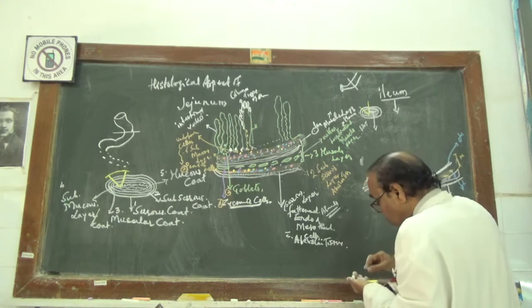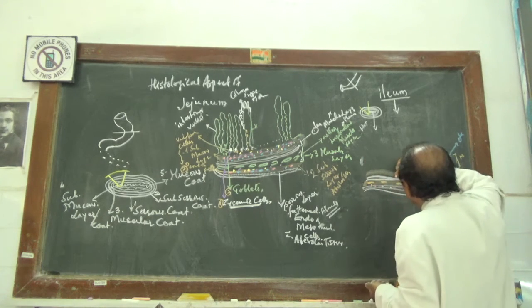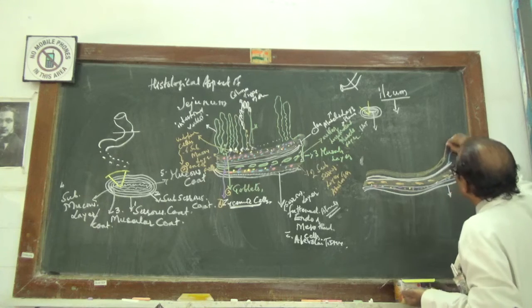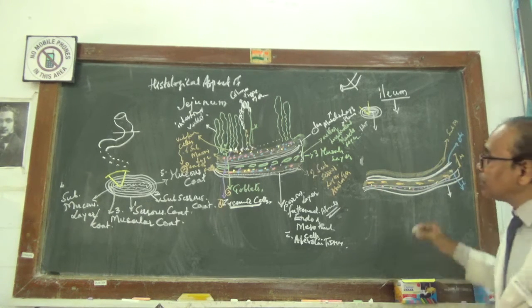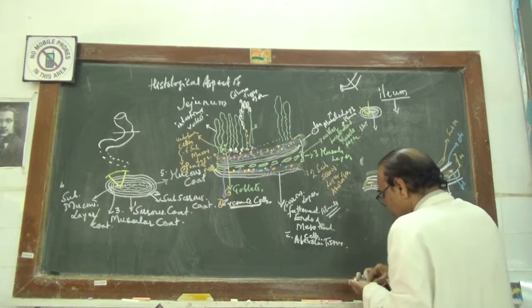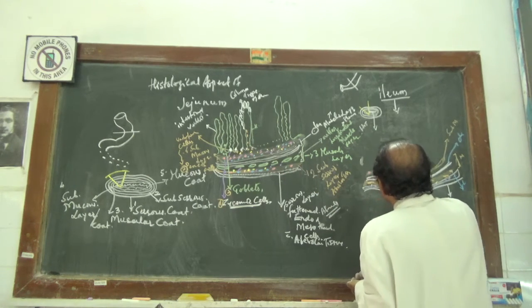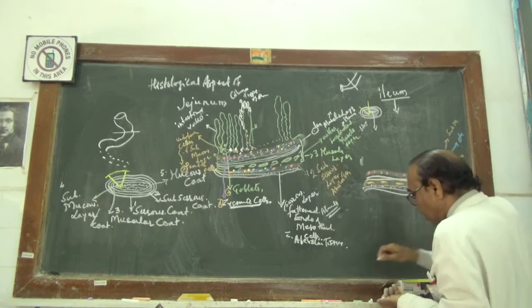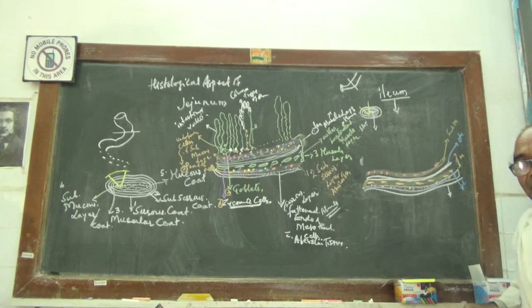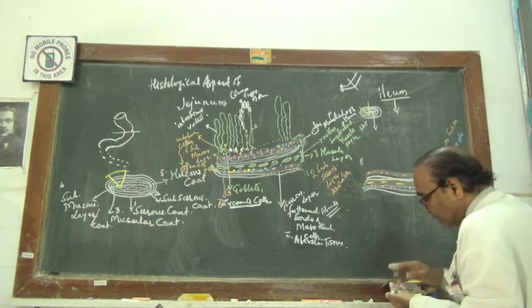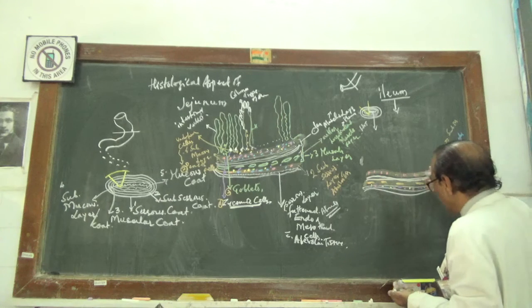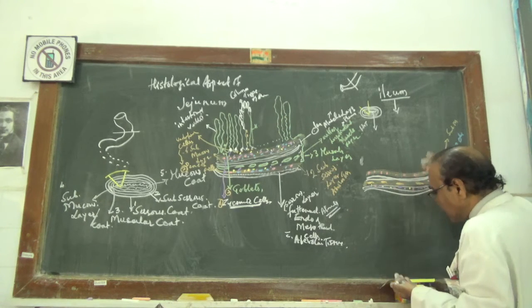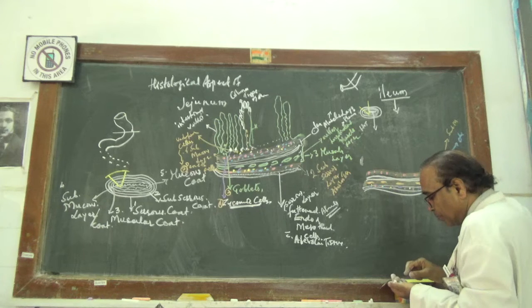Then you will get the submucous layer. This submucous layer contains arterioles, which reach the ileum via the ileal arteries, forming the ileal arcades, piercing the serous, subserous, muscular longitudinal and circular layers, and then coming to the submucosa.